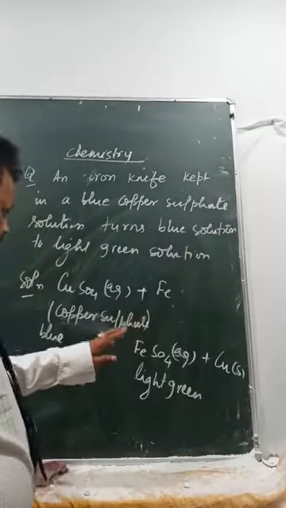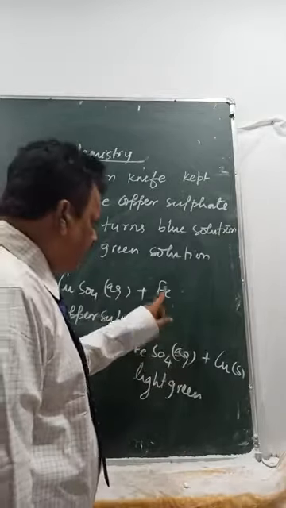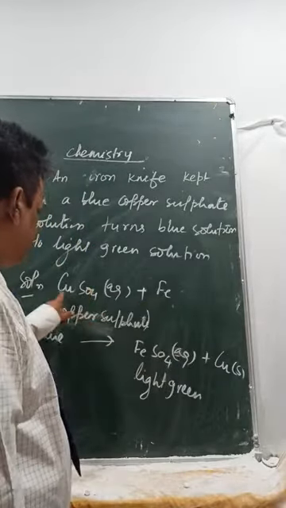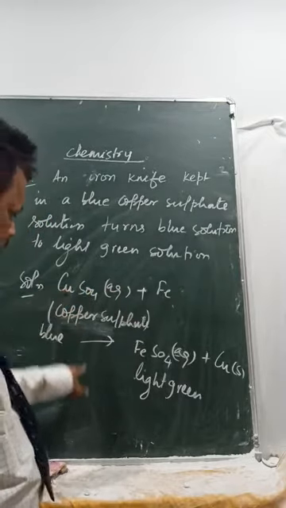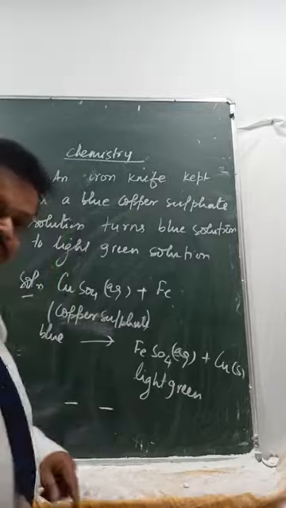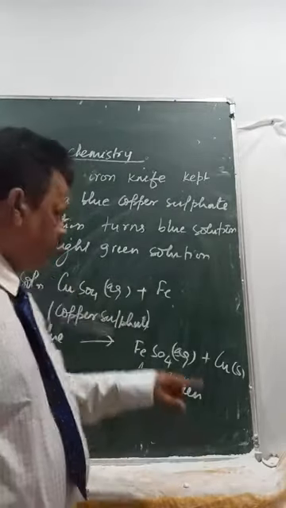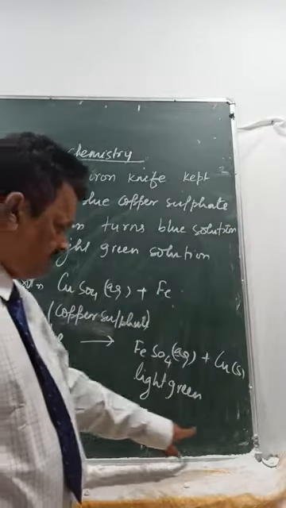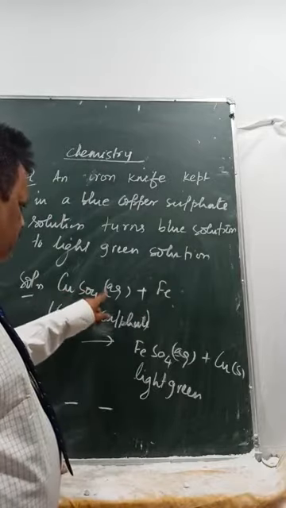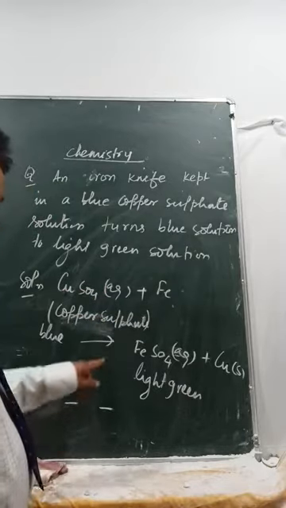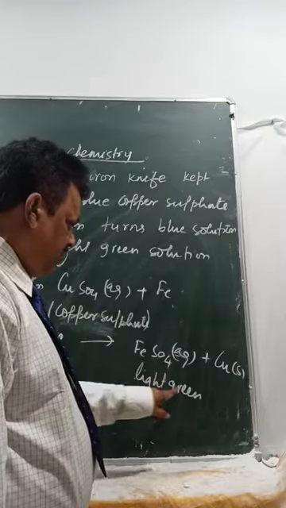Now listen to me. Copper sulfate solution reacting with iron. So iron is more reactive than copper. So iron can displace copper. So two more lines you have to write here: that iron is more reactive than copper. When iron reacts with copper sulfate solution, the product obtained is ferrous sulfate, which is light green in color.